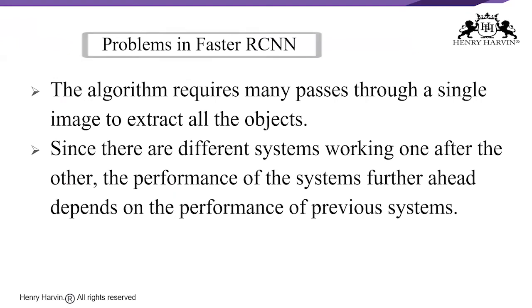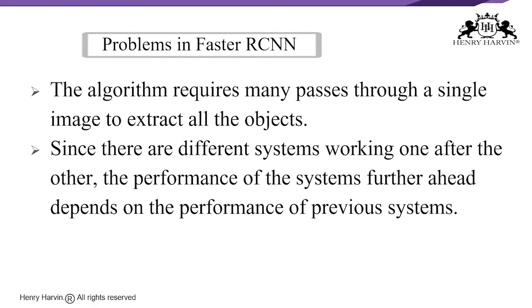So what are the problems in Faster RCNN? All of the object detection algorithms we have discussed so far used regions to identify the objects. So the network does not look at the complete image in one go, but focuses on parts of the image sequentially. This creates two complications.